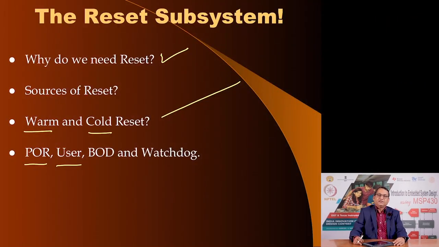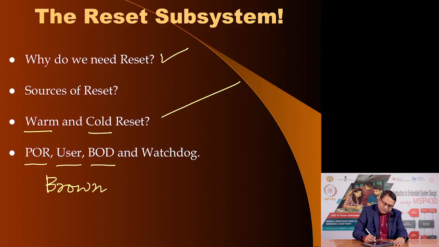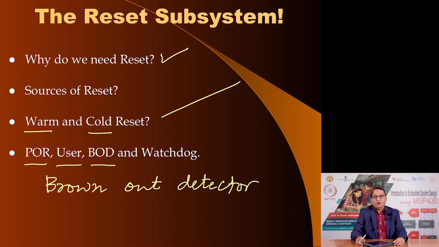The third type of reset is called BOD. BOD stands for brown out detector. So what is a brownout condition? Because you have a detector which detects a brownout condition.